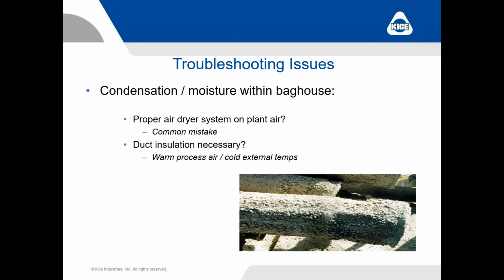So again, especially during installation or during a project bid process, think about that. Think about where this is going to be located. Think about the highs and the lows as far as temperature goes. Will that affect how this functions? Will that affect the material within the baghouse?